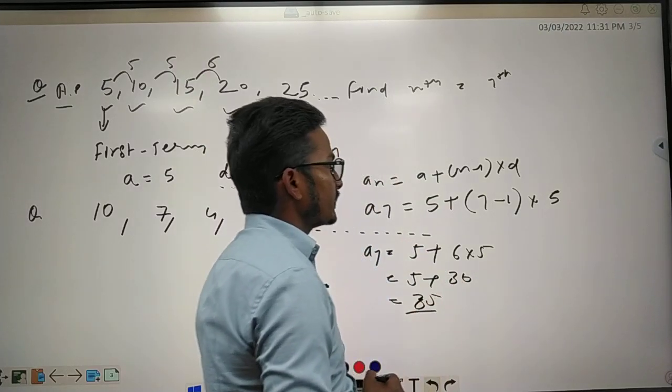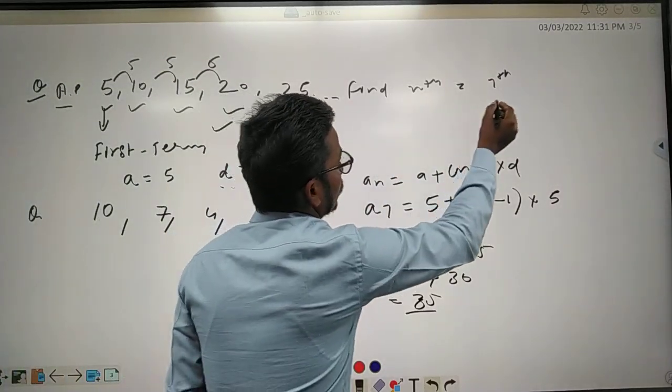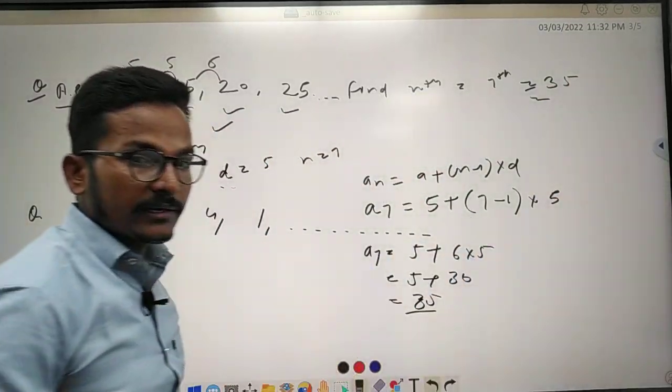So 35 is the 7th term of the given AP. We can take another example.